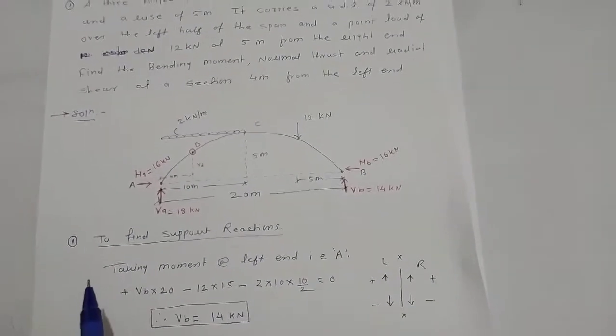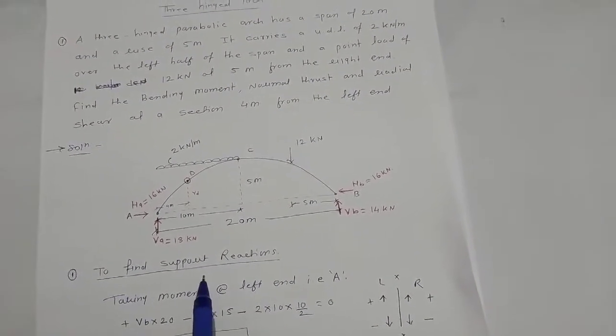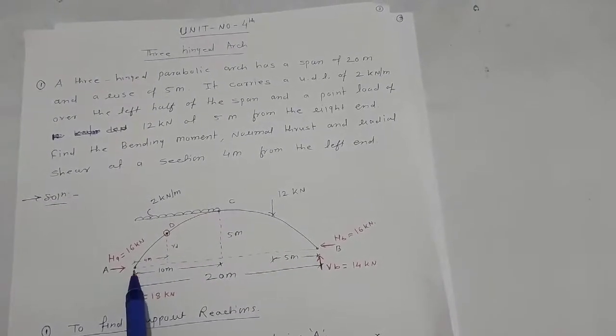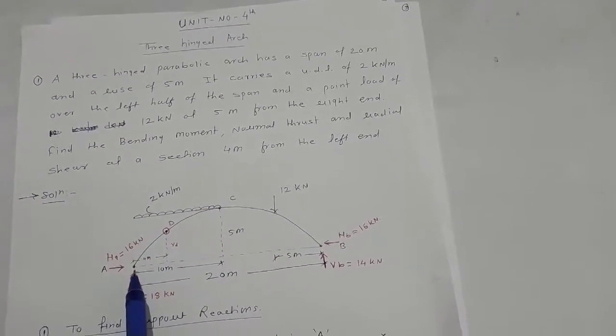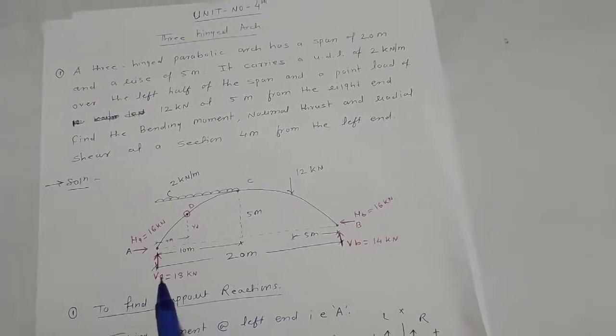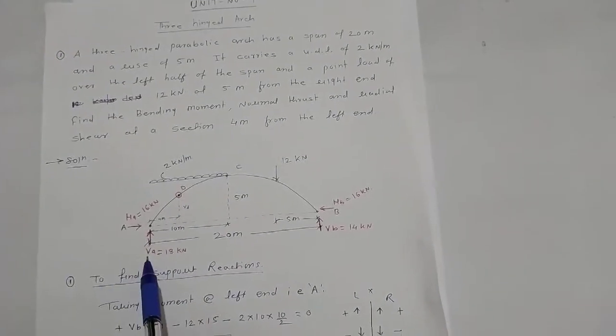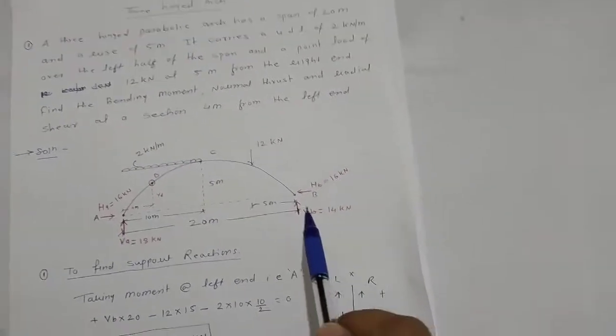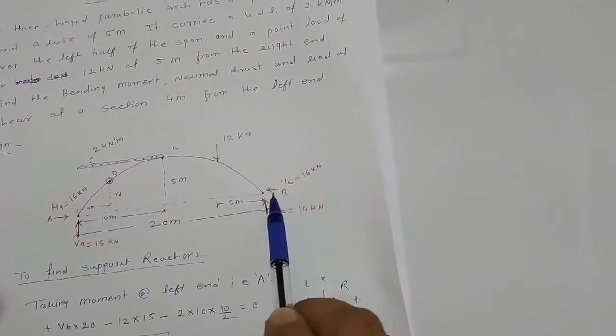So in first step we will calculate the support reactions. As we discussed earlier, the support has two reactions, one vertical, other horizontal. So at point A there will be a vertical reaction VA and HA. At point B, VB and HB.